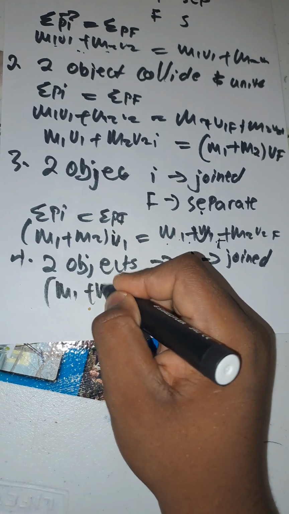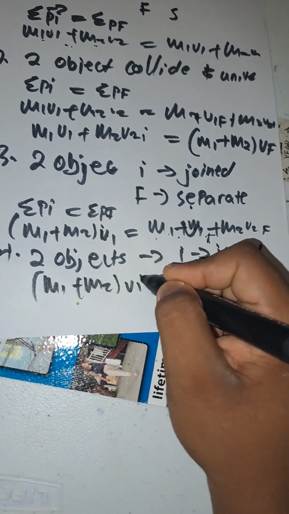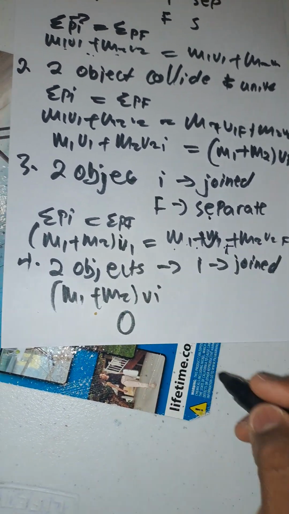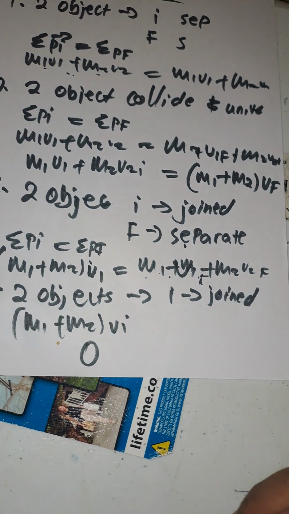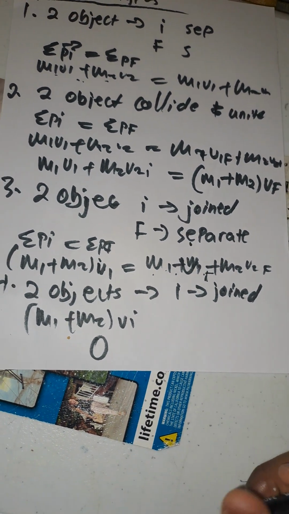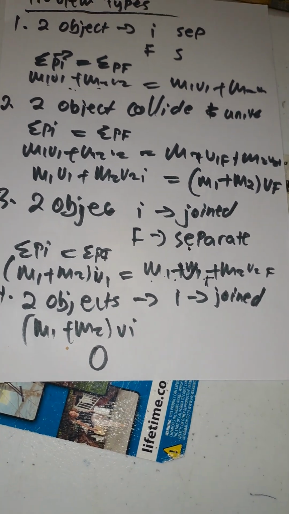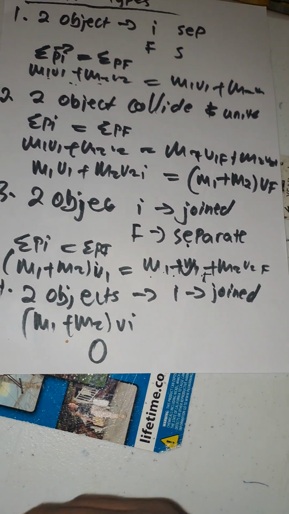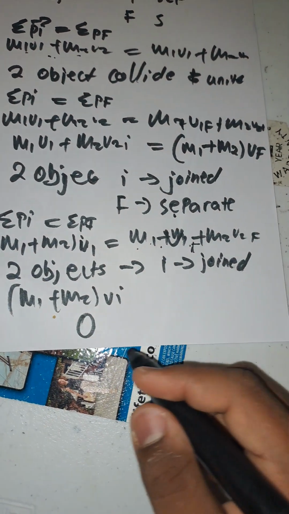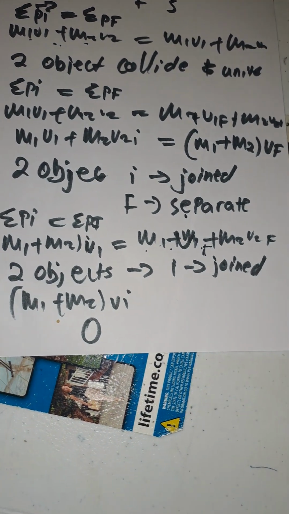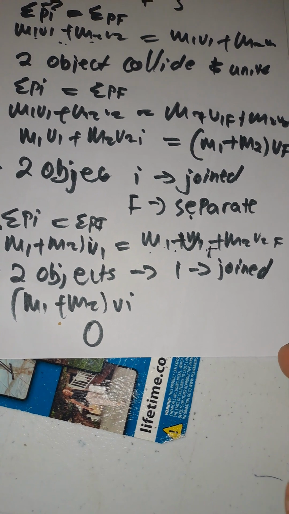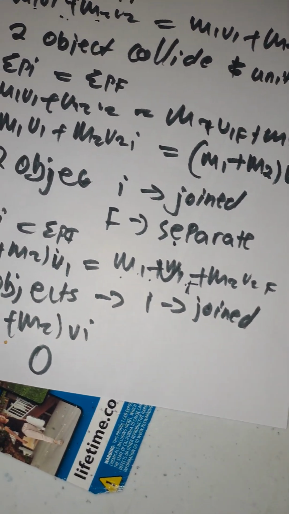M1 plus M2 times VI. But on the next step, you're gonna say 0, because they initially joined and separated. Maybe for example, during explosion, if there is an explosion, there is fire, so it is no longer there, and then after it's gonna be what? M2V2F. That's how we do it. Okay, let's continue.